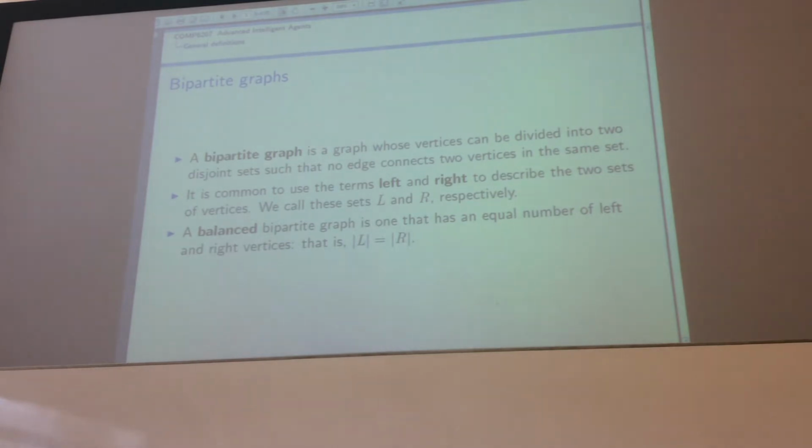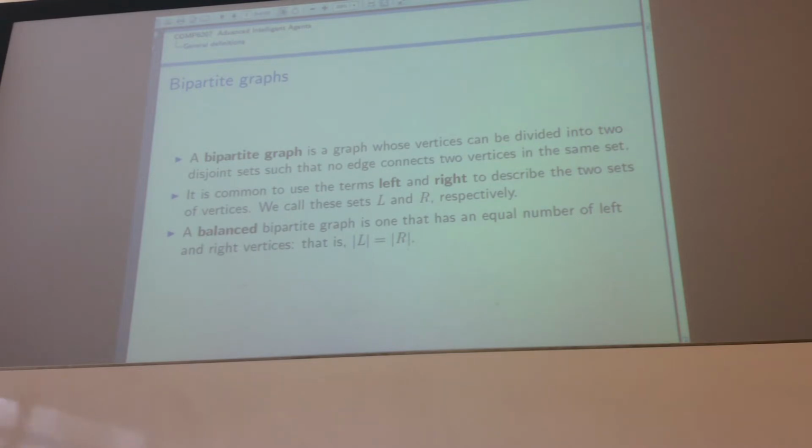The special family of graphs that in particular we will work with in terms of marriage problems and stable matchings are bipartite graphs. Those are graphs where you can divide all the nodes into 2 parts so that you only have edges from one subset of nodes to another one, and there are no edges between the nodes in the same subset of the graph.